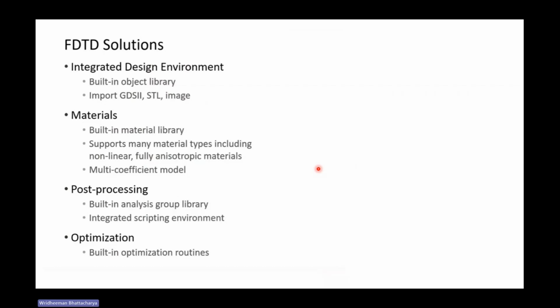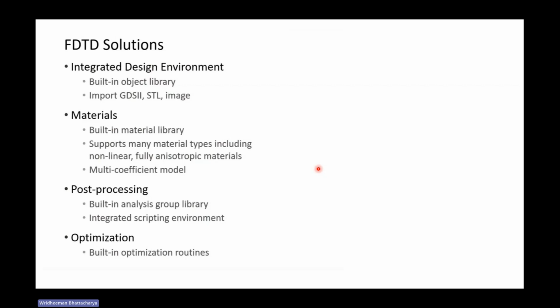So this feature gives us an upper hand. Secondly, comes the materials. It has a built-in material library which supports many material types, including nonlinear or fully anisotropic materials, along with multi-coefficient models. It also offers to include different types of materials with the NK data or different doping data, and we will show that in the meanwhile.